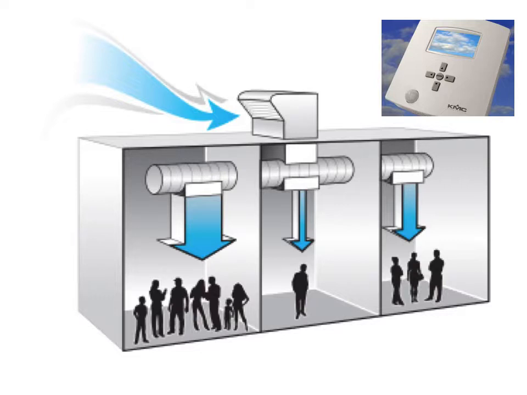Same thing for a single occupancy office space. You may have one person in that room. You don't need the same amount of fresh air being delivered as you would in, say, a busy conference room. So this is where demand control ventilation can help.